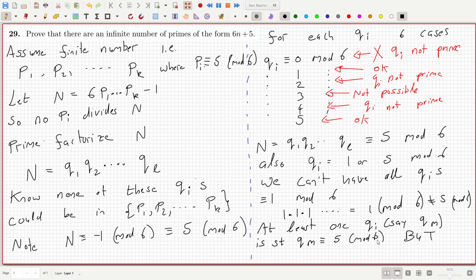But qm is not in the list. So that means we have a new prime not in the list, so a contradiction. Okay, I think that's all to say about that.